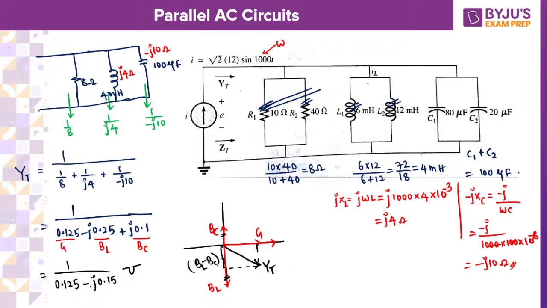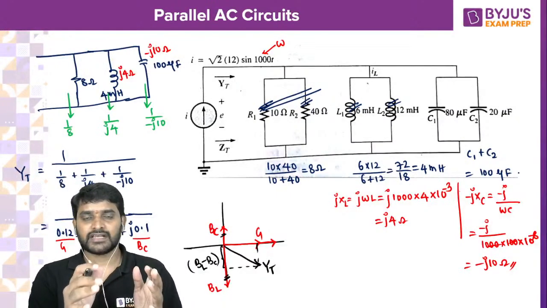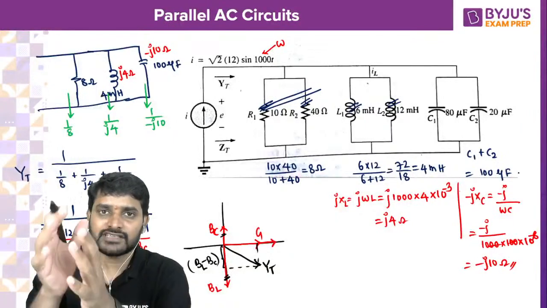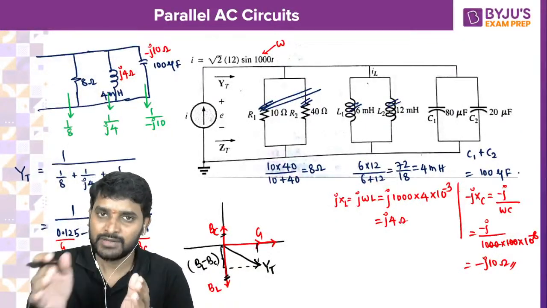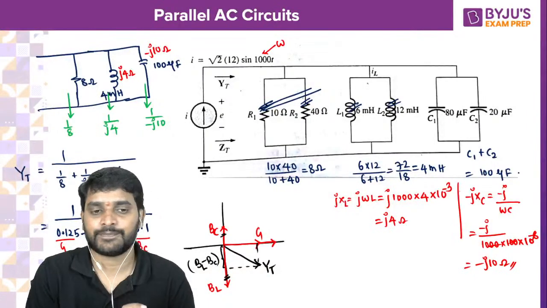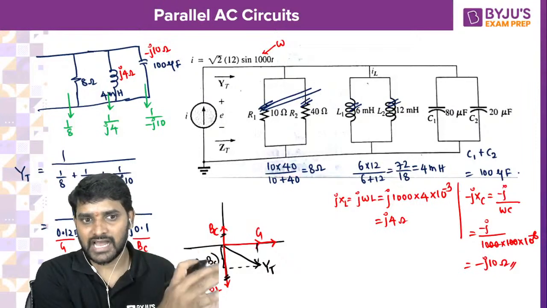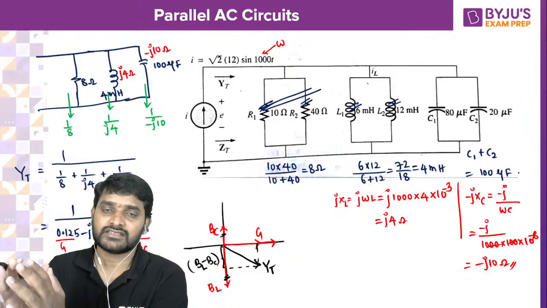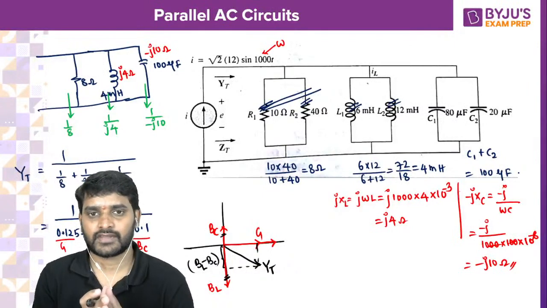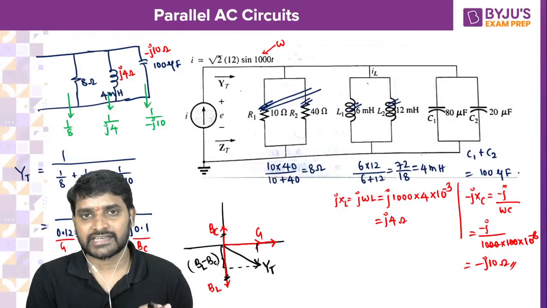You can take the same value with opposite sign, that is 0.125 plus j0.15 divided by 0.125 plus j0.15. You can divide that one. Okay, so you'll get R separate, that is conductance separate, and the susceptance separate. So this is how you can calculate total admittance.